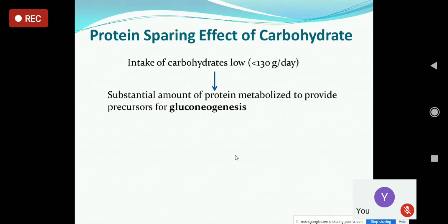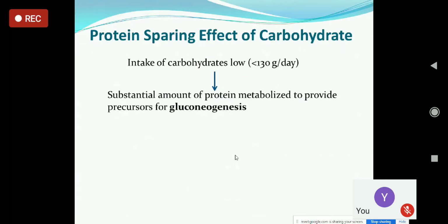There is a protein sparing effect of carbohydrate. If you take carbohydrates in low amount, then a substantial amount of protein is metabolized to provide precursors for gluconeogenesis. We have talked about this when we talked about starvation.